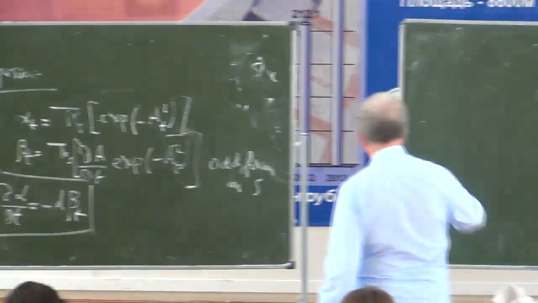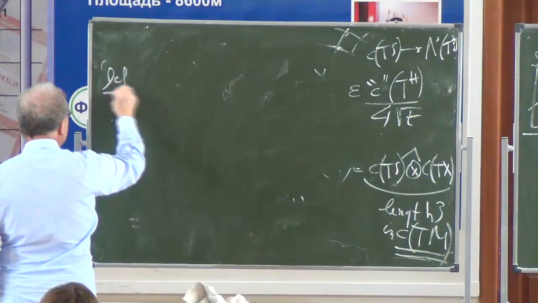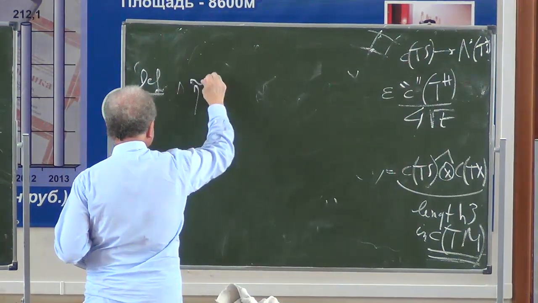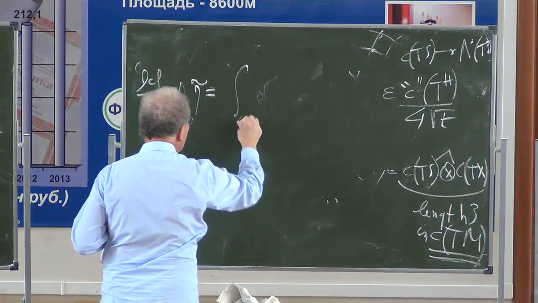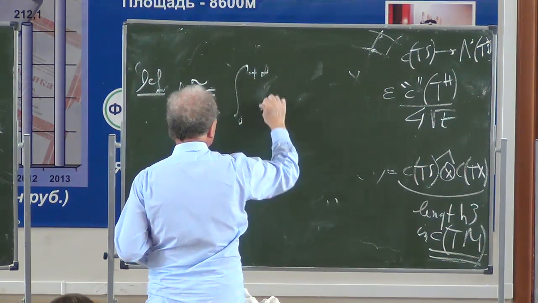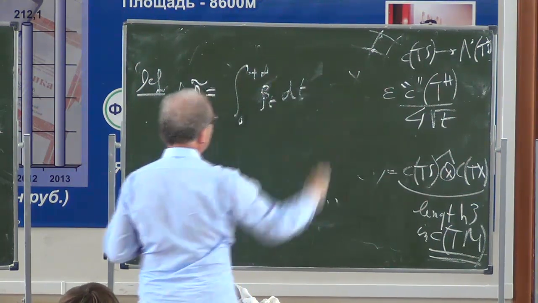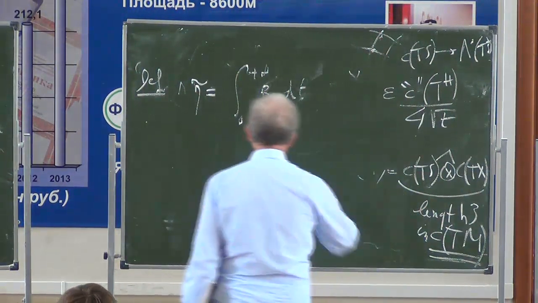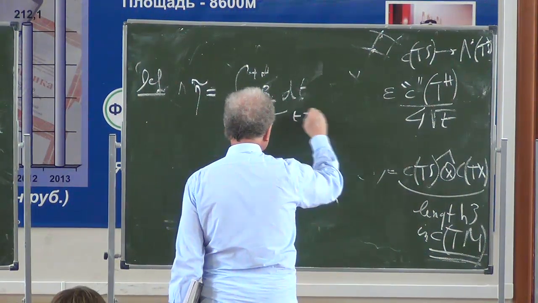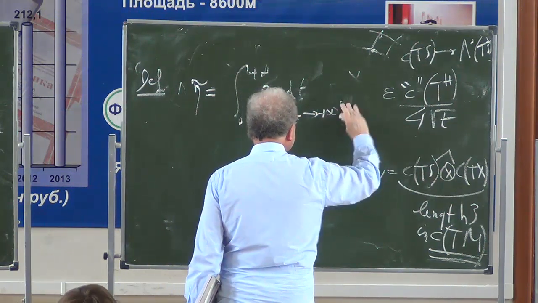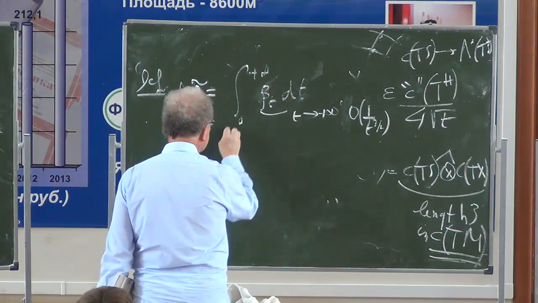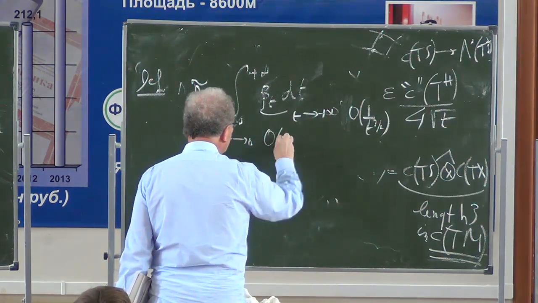Let me define eta tilde, an odd form, as the integral from 0 to plus infinity of beta t dt. This is a well-defined form because you can prove very easily that as t tends to infinity, beta t is O of 1 over t to the power 3/2, and as t tends to 0, it is O of 1.